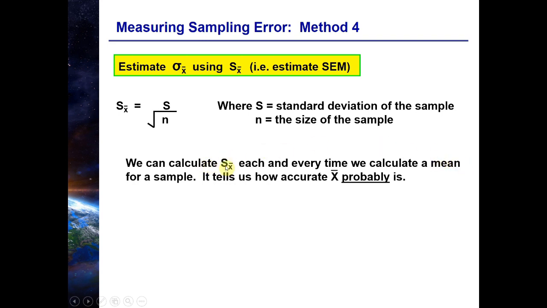And if this is a small number, that means that our X bar that we just calculated is probably a good estimate. So you see how the size of this tells us how much sampling error we have, and it tells us how accurate our particular X bar probably is. If this is big, X bar is probably not a very accurate estimate. If this is small, X bar probably is a good or accurate estimate of mu.